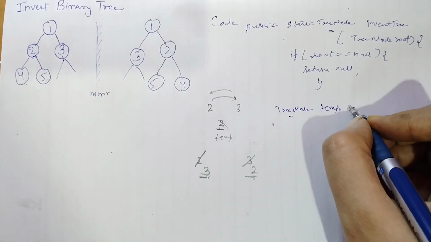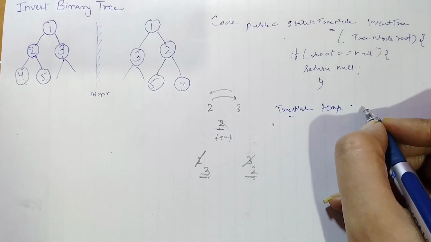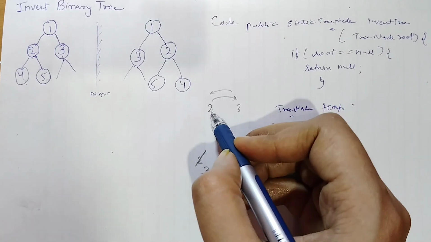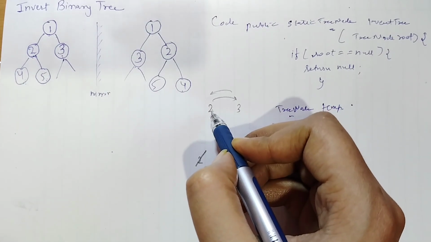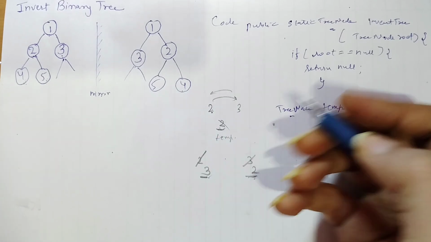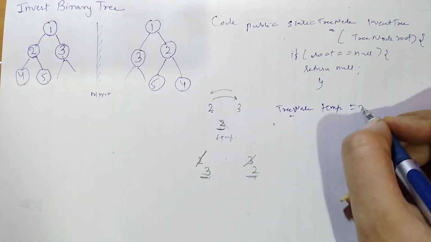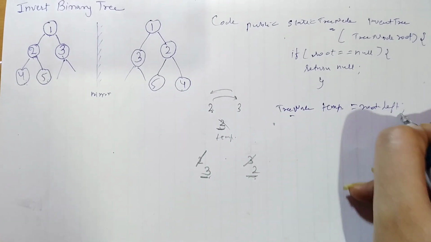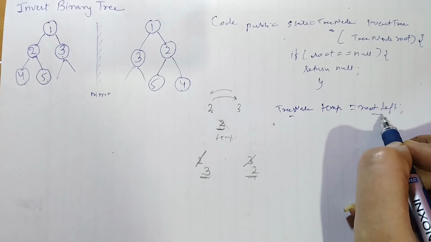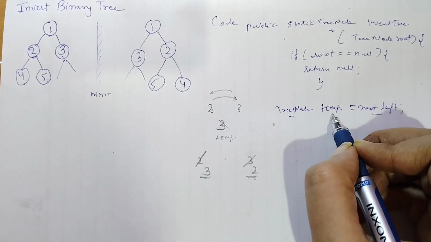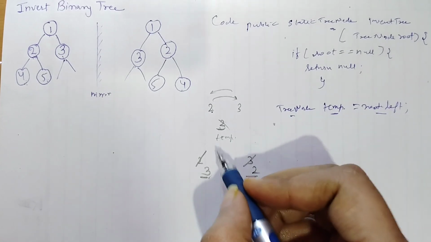So now we take our temporary and we want our root.left. Root.left will go at the temporary place. So now we are writing this only. Root.left, you can read it from backward. Root.left value has come to our temporary place.